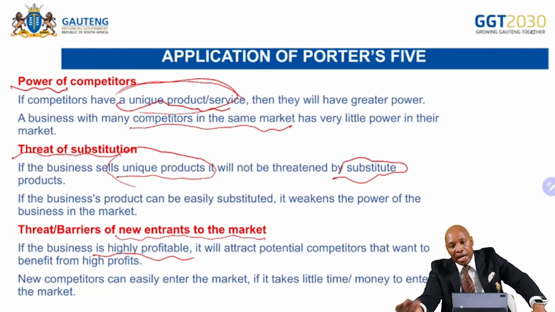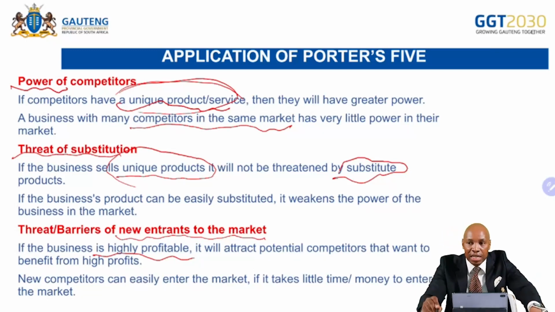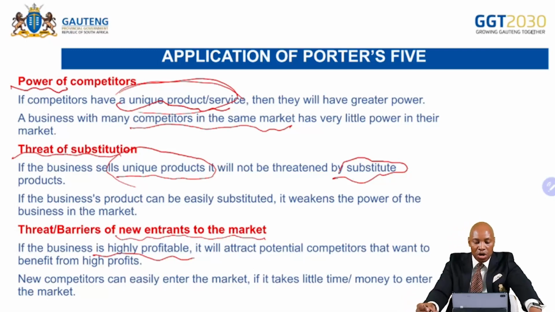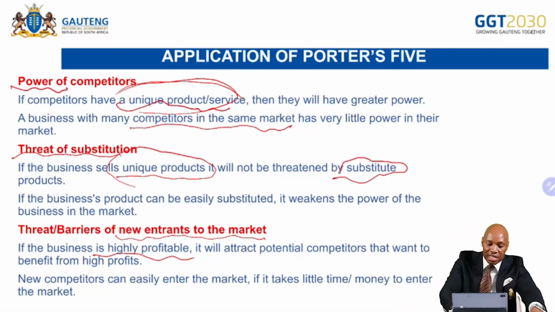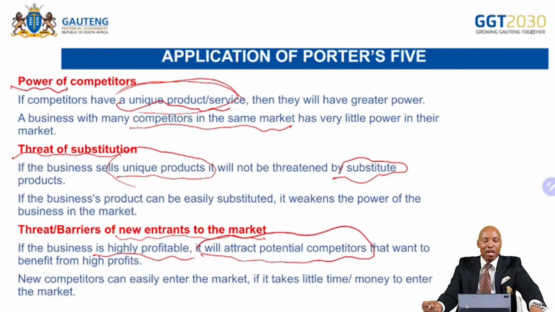So it's likely that a business may start selling the very same product that you are selling, but at a lower price, because those are your competitors. Hence, it says it will attract potential competitors because the market is highly profitable. Right.